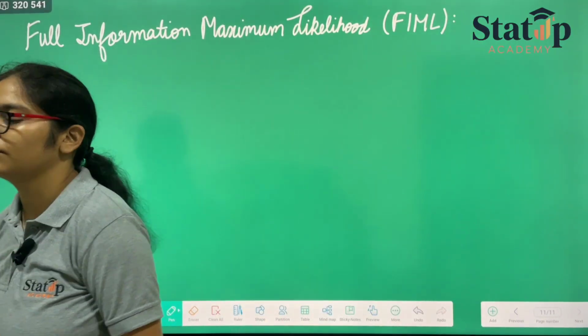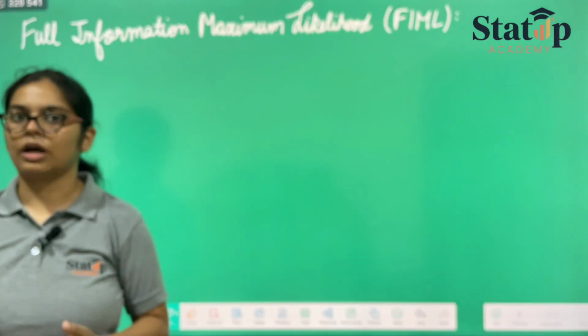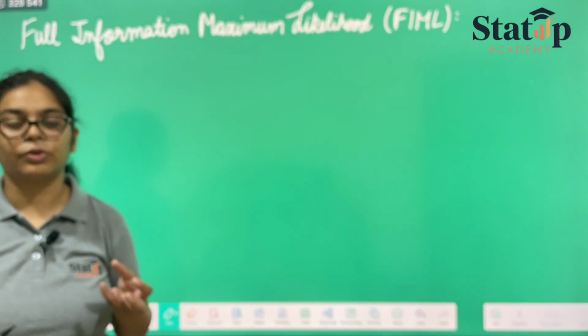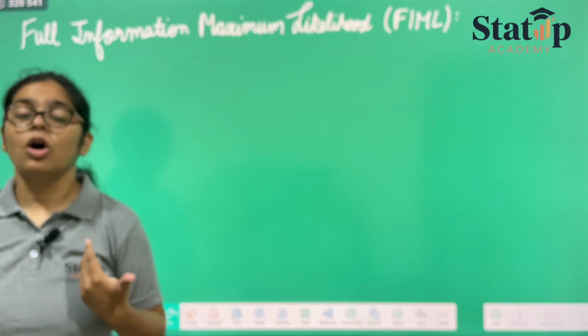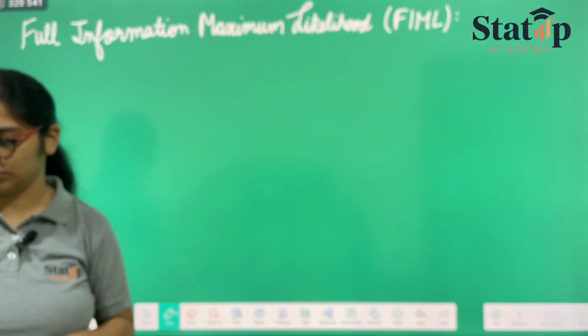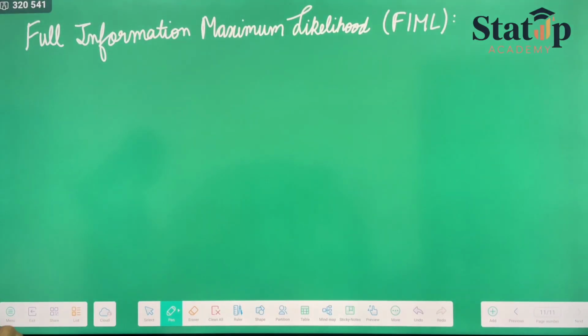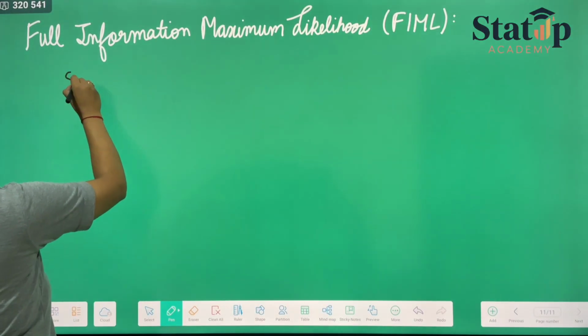Full information maximum likelihood is used when we have all the information about our matrices and we don't have limited access to our matrices or our models. Then we use full information maximum likelihood. Now let us take an example for this as well. Let us take the same example, SEM.